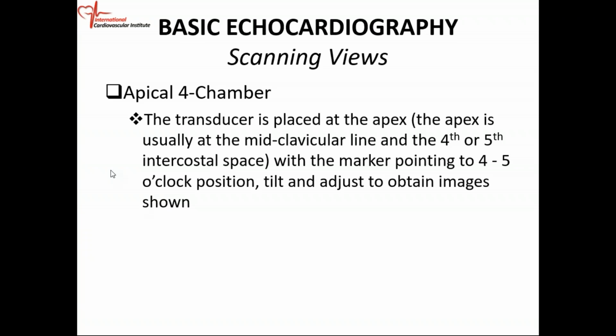To get the apical four-chamber view, remember, when we talk about the apex of the heart, it is usually, in a normal individual, at the mid-clavicular line and about the fourth or fifth intercostal space, where those two lines sort of intersect. So that is the usual position for the apex of the heart.